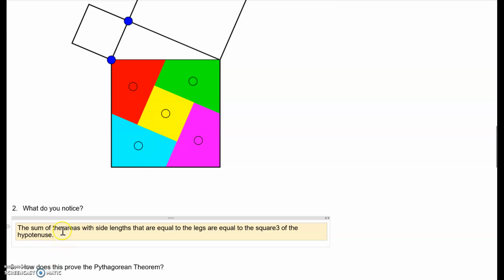Okay, so that's what we should recognize. The sum of the squares of the legs is equal to the square of the hypotenuse.